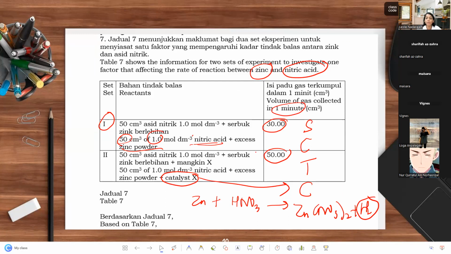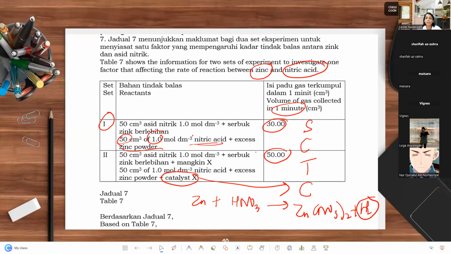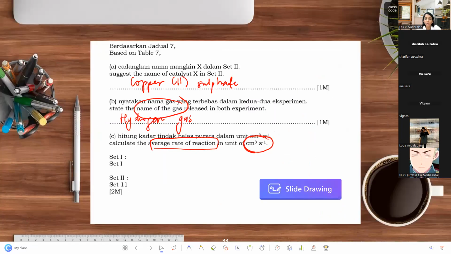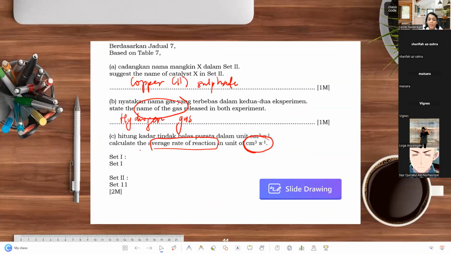You must show your working. Thirty cm cube divided by 120 seconds. Why 120 seconds? Because it's 2 minutes. Oh my god, I'm sorry. It's 1 minute. So actually the answer would be 30 divided by 60.